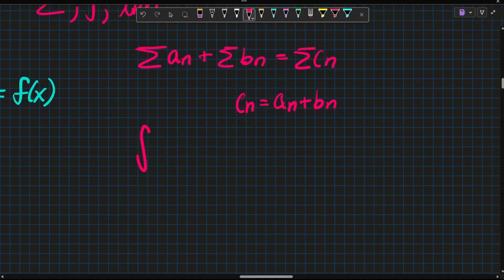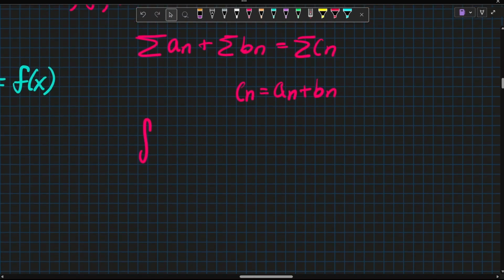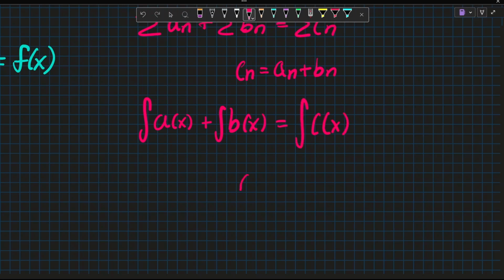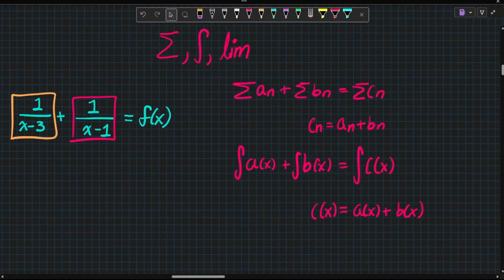The same goes for the integral, because the integral borrows from the definition of the limit and series, where the integral of a at x plus the integral of b at x is equal to the integral of c at x, where c at x is equal to a at x plus b at x.